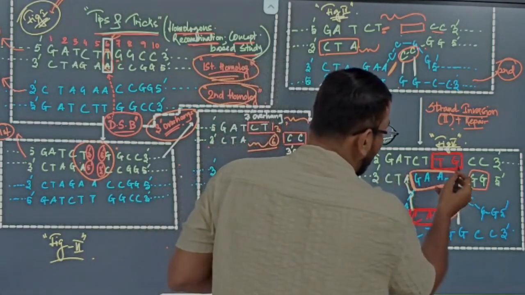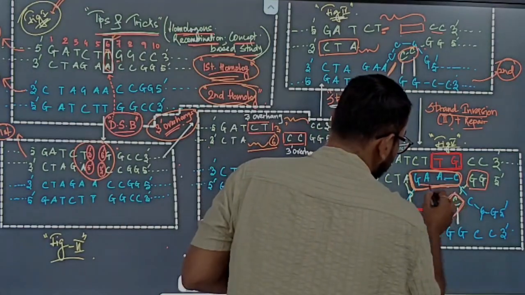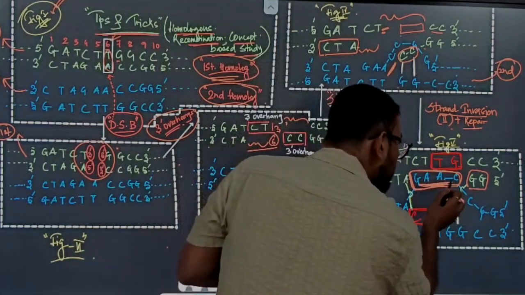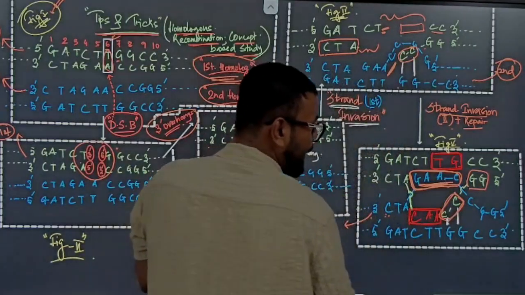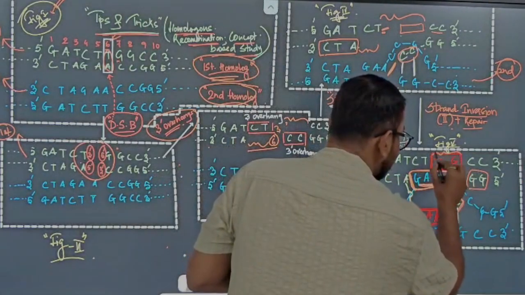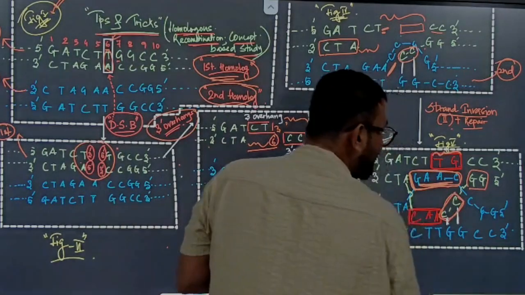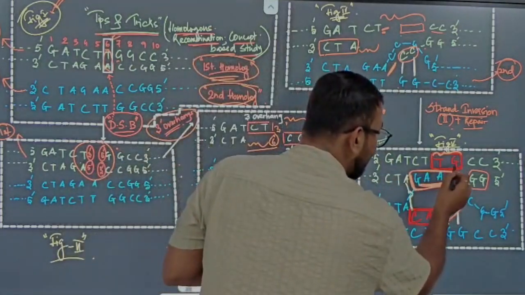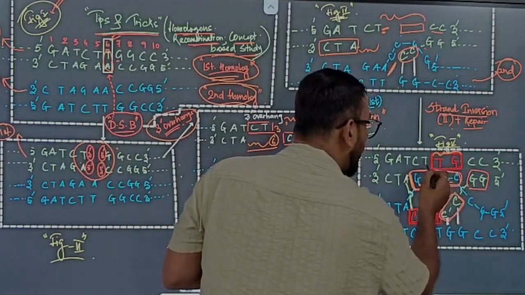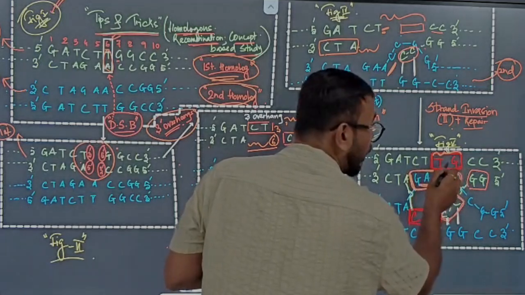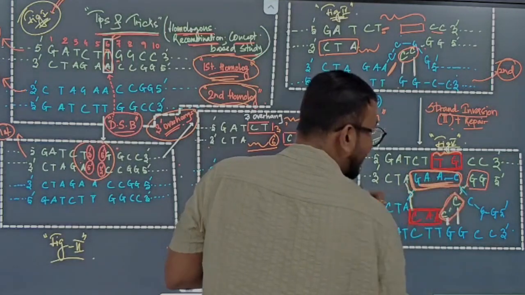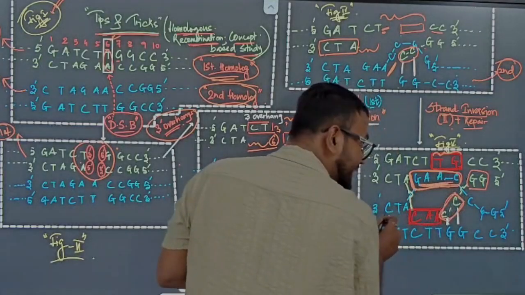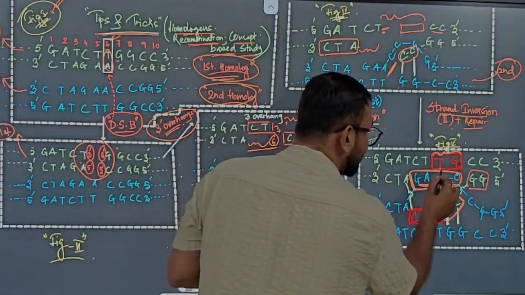So what will happen? Against this portion of the DNA, a complementary base will be added using the repair enzymes. A complementary base will be added on the first homolog, using this segment of the second homolog as a template.